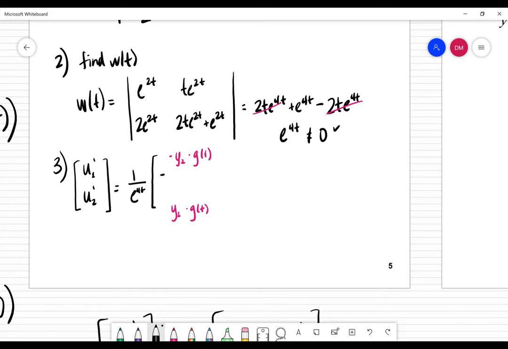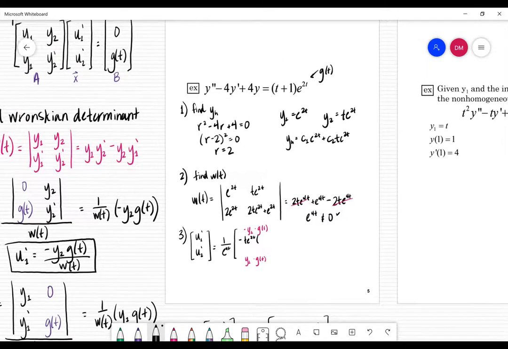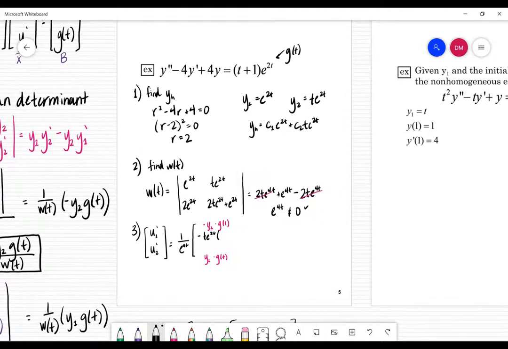All right, so negative y sub 2 is negative t e to the 2t multiplied by g of t, which was, I'm going to multiply that out actually. So instead of writing it t plus 1, that quantity times e to the 2t, I'm going to go ahead and write it out as t e to the 2t plus e to the 2t.